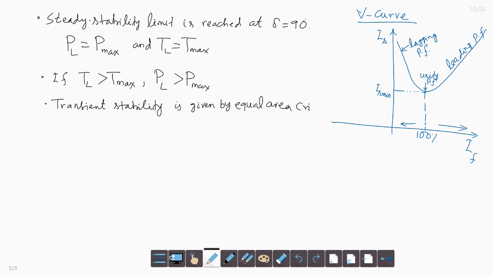Equal area criterion of stability. And in this case, equal area criterion is very well known, and in this case the torque balance equation, let us consider during transient condition.